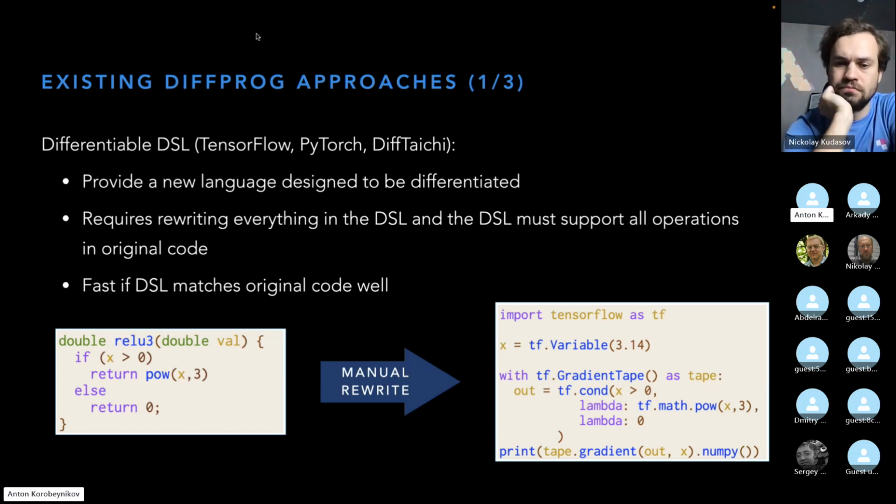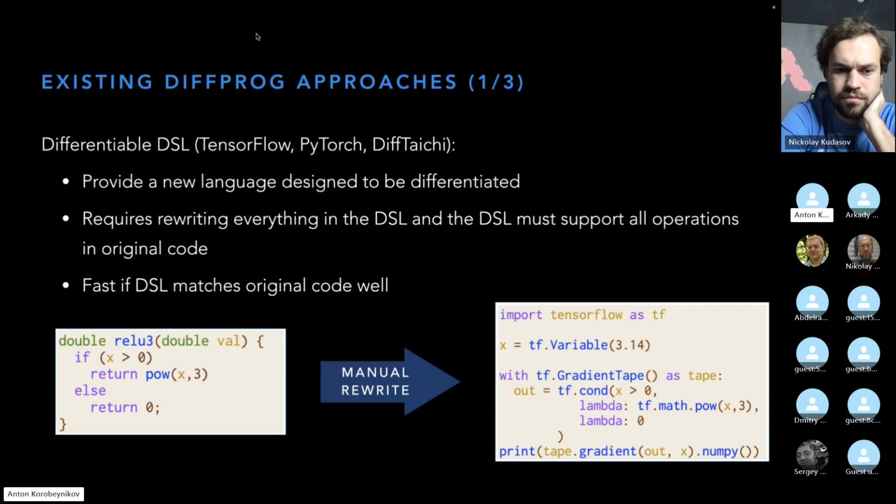First is, I would call it, a differentiable domain-specific language, as implemented in packages like TensorFlow or PyTorch. Essentially, that means that inside the outer framework or package itself, there would be some new small domain-specific language designed to be differentiated.